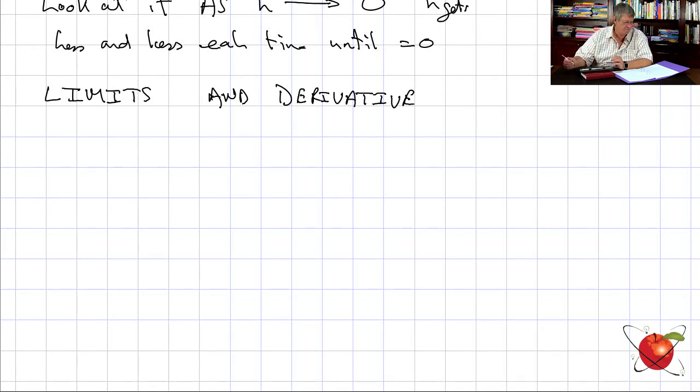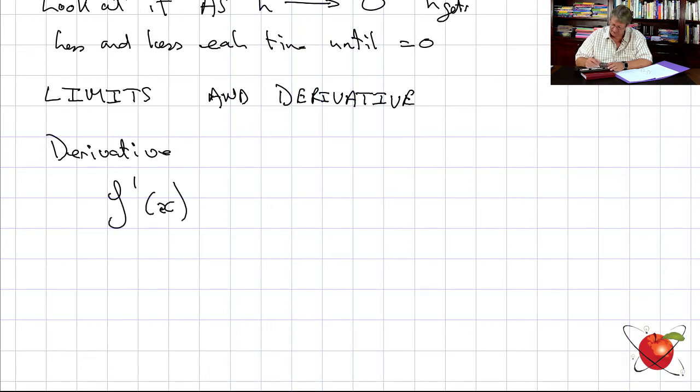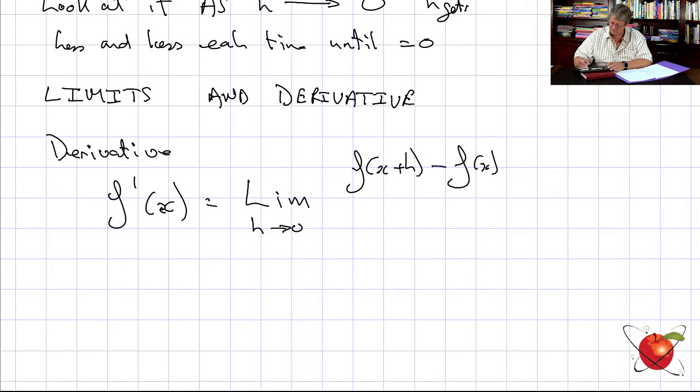Pretty sure it was Newton though. But anyway, we now say the derivative is f prime of x, and it equals the limit as h tends to 0 of f of x plus h minus f of x all over h. That is what it is.